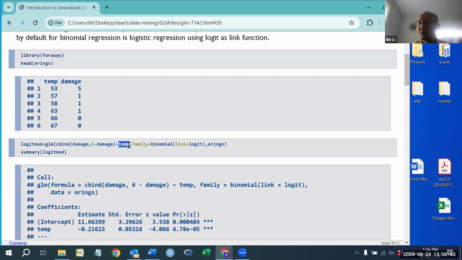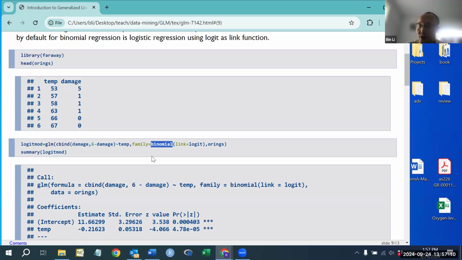We need to make sure the software knows that we want a logistic regression, right? That's why in the family option, we need to specify this is a binomial. But we also need to specify the link because the response variable is binomial.